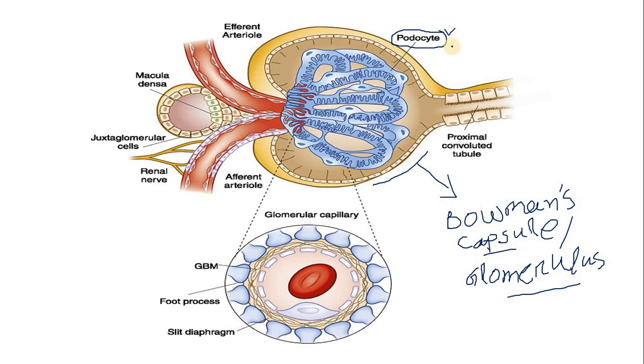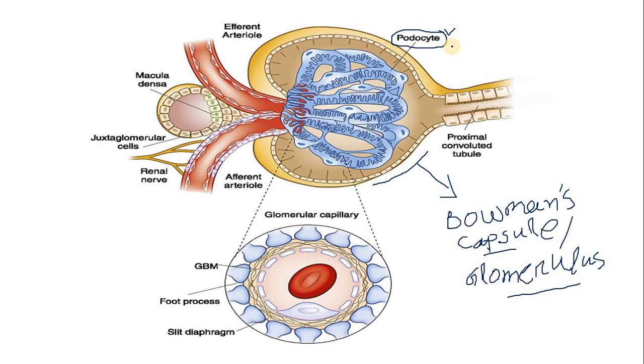These podocyte cells are arranged intricately with each other so that it gives very little space for the filtration, like a slit. It acts as a filtration slit or slit pores so that the blood and other smaller particles are filtered through these podocyte cells.